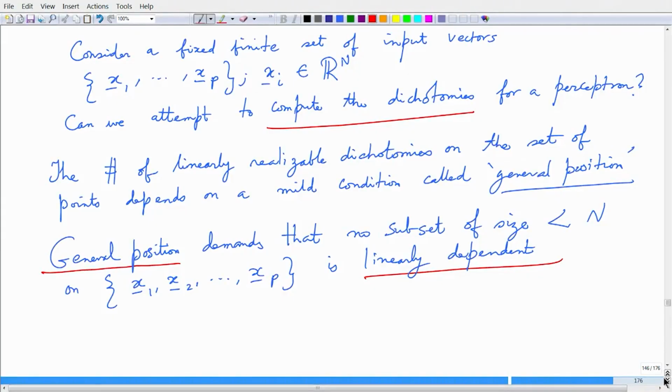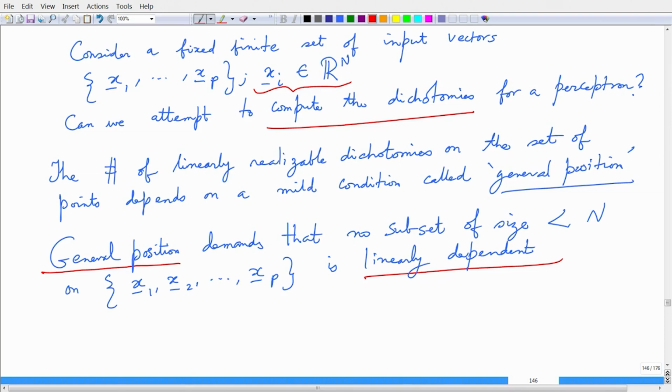Now, let us formulate things a little bit. Consider a fixed finite set of input vectors x1, x2 so on till xp, and each vector xi is a point in an n dimensional space, right. This is a point in an n dimensional space.